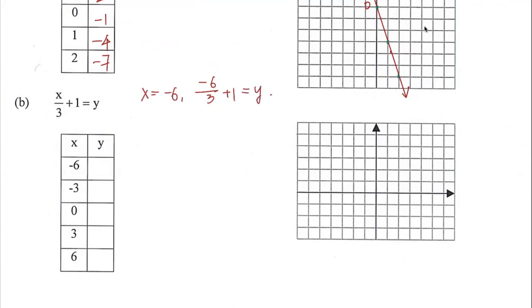So minus 6 over 3, that's minus 2. Minus 2 plus 1, that's minus 1, which means y is equal to minus 1. So the point is minus 6, minus 1.